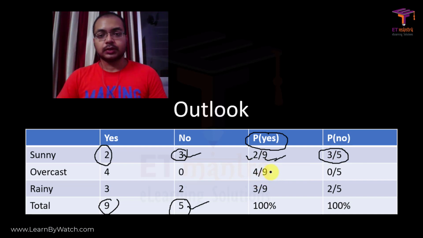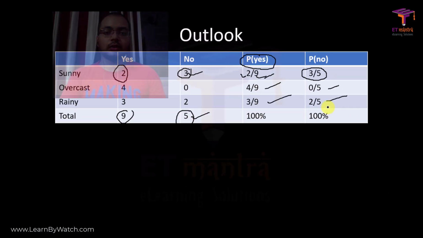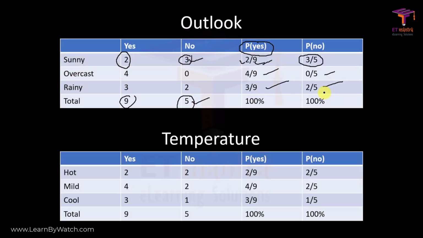Similarly I have calculated the rest: for overcast yes and no, for rainy yes and no, and you can see that after we sum all these, the yes column should add up to 100%, and similarly for no it should add up to 100%. So we have looked at the Outlook dataset.